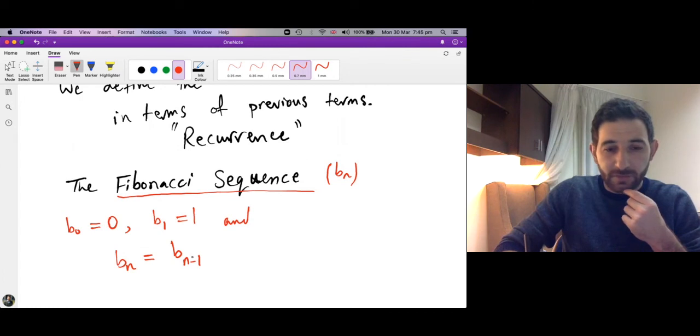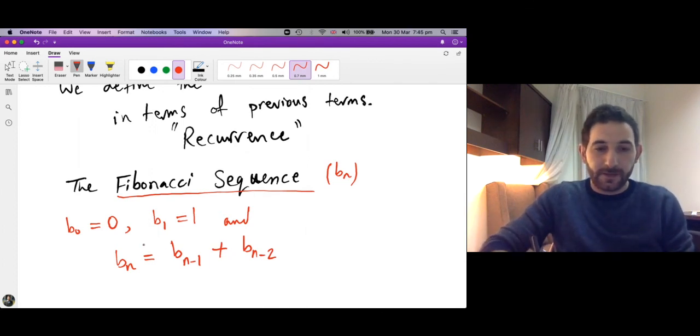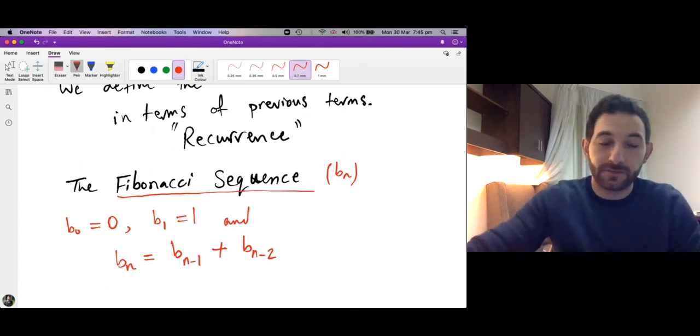What is B_{n-1}? It's the term in the sequence coming before B_n, plus B_{n-2}. So this says that in general the nth term is obtained by adding the previous two terms.